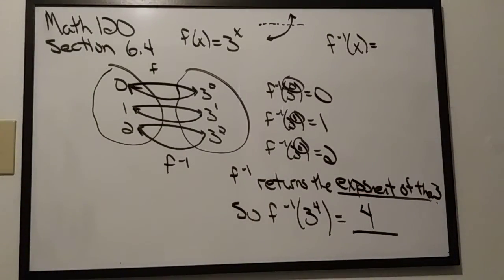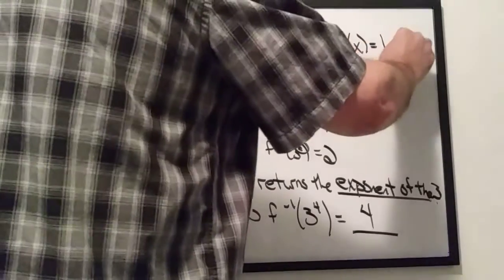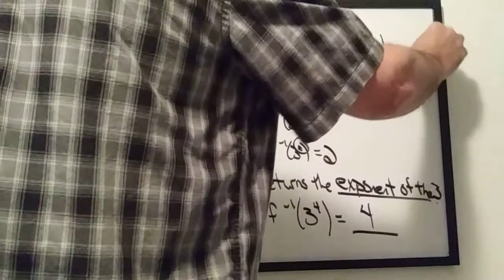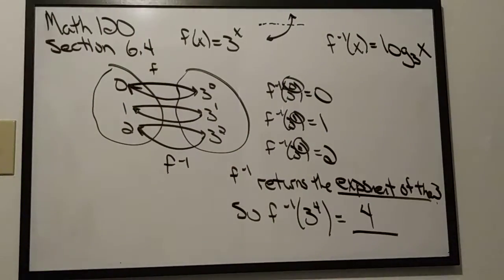So now that we know that this f inverse function exists and the fact that it simply gives you back exponents, I want to introduce you to some notation. This function, f inverse, actually has a special name. F inverse of x is called log base 3 of x.